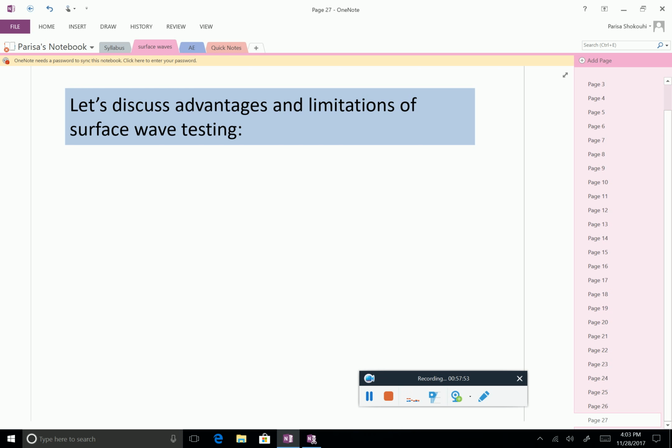Group velocity is the velocity of the envelope. In terms of concept, if you have different components, each one of them may have a different velocity, but group velocity is the velocity of the envelope.